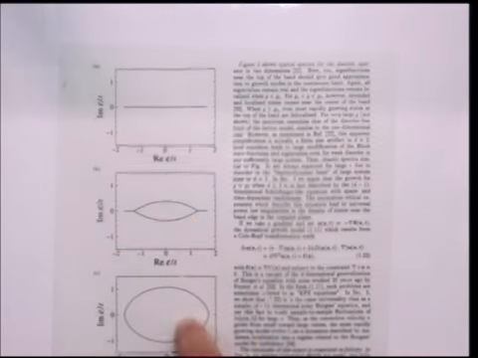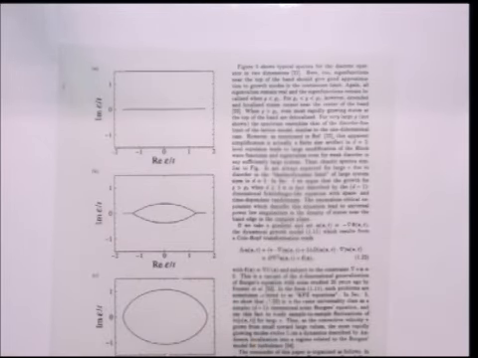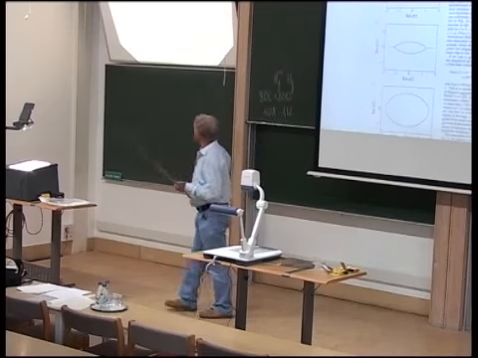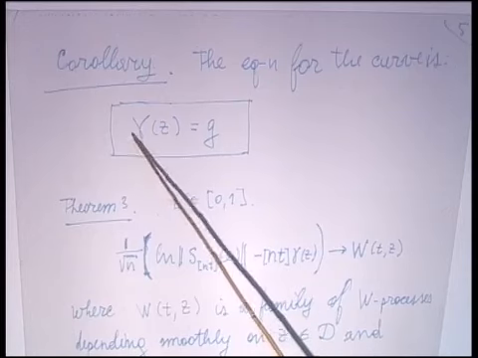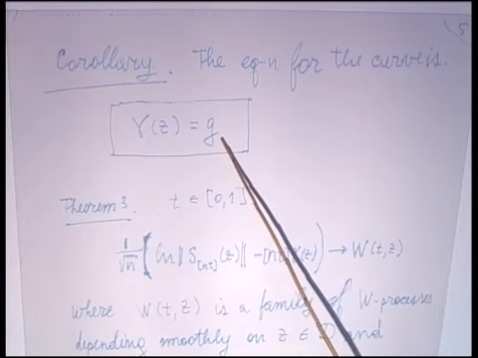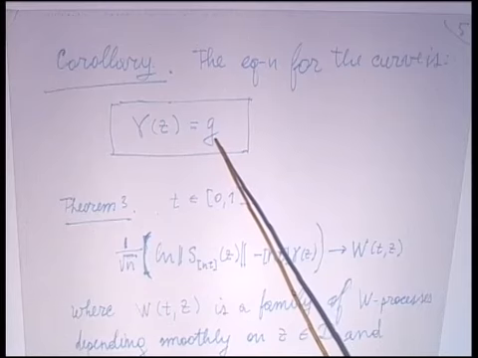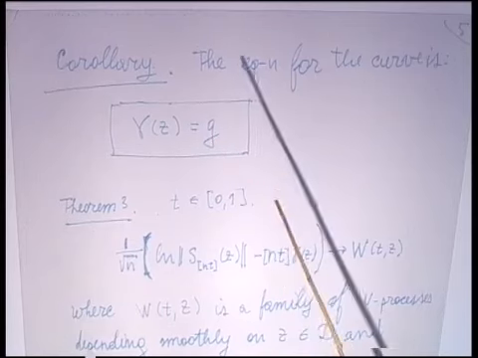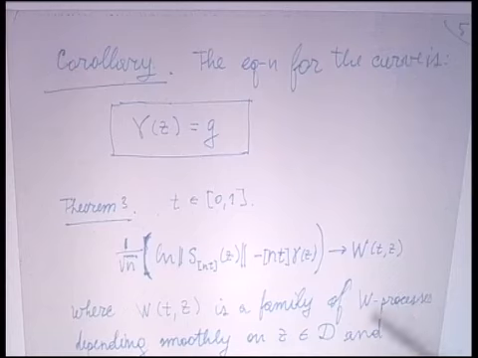These curves, these two, are defined by this equation. Gamma of z is g. G is the parameter of the system.